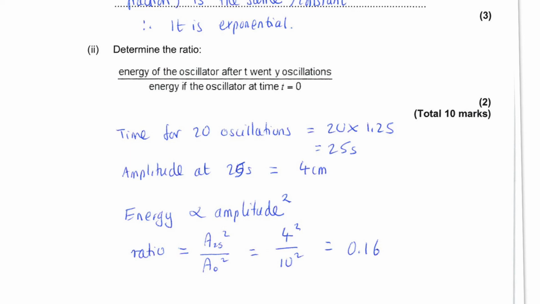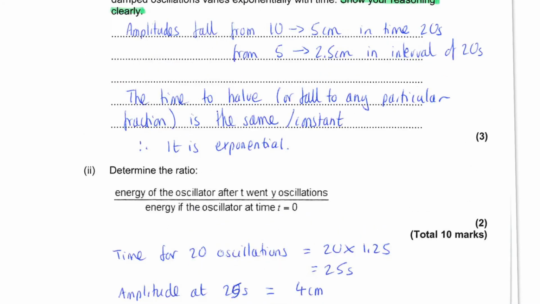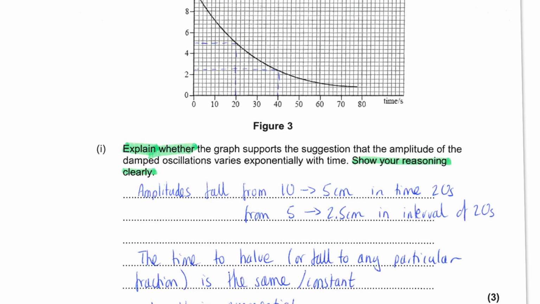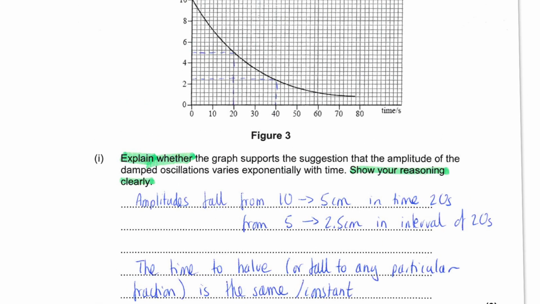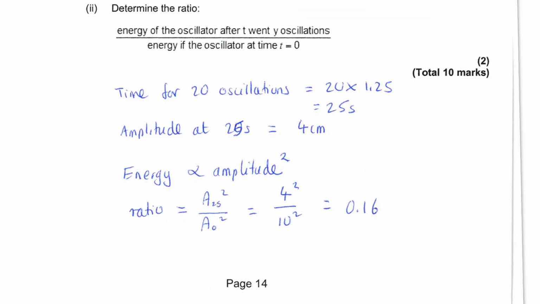The amplitude at 25 seconds can be found from the graph. So looking at the graph here and reading for 25 seconds, up here we can find a value for the amplitude, which I've read as 4 centimetres. Why have I taken that reading? It's because I know that energy is proportional to amplitude squared.